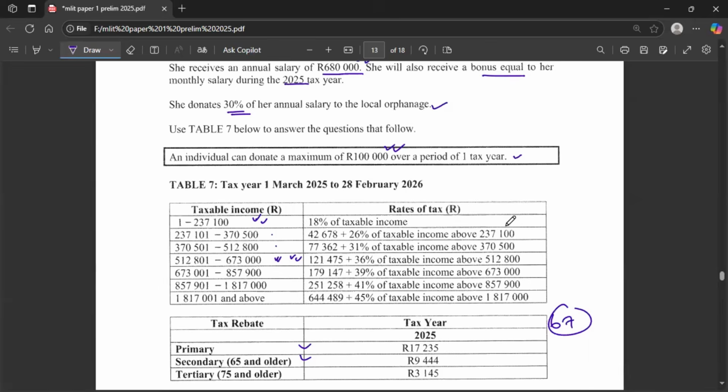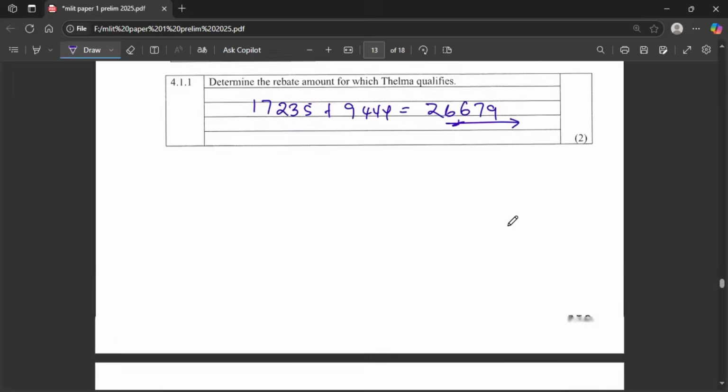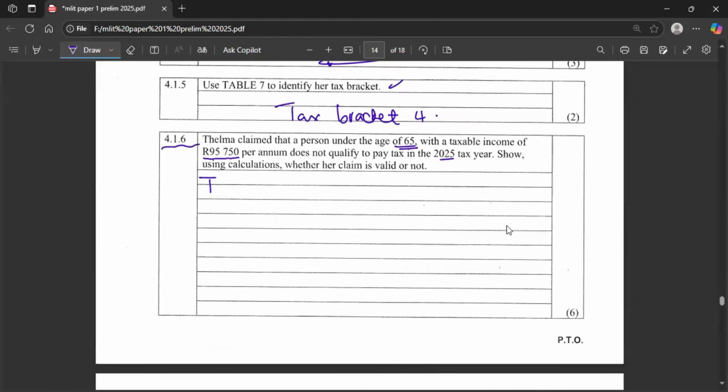But let's see, we need to verify that. So it's 18%. We're saying that this is tax bracket 1, which is 18%, times the 95,750. Okay, what do we get there?